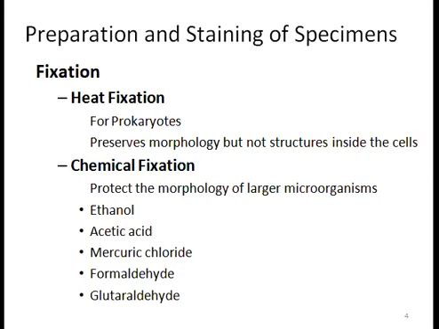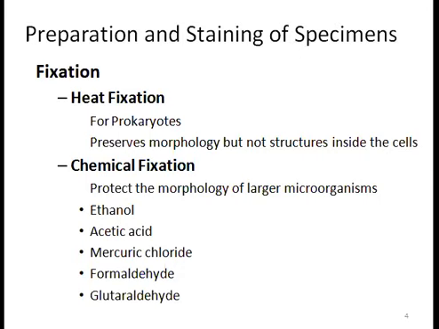Fixation is the process by which the internal and external structure of cells and microorganisms as a whole are preserved and fixed in position. The fixation process inactivates those enzymes that might change the cell morphology and strengthens the cell structures so that they do not change during staining and observation.